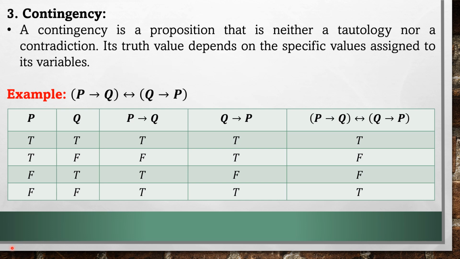Okay? So, that's it. I hope naintindihan natin yung pagkakaiba ng tautology, contradiction, ng contingency. Ayan. So, again, makita naman natin na meron tayong true at meron tayong false.